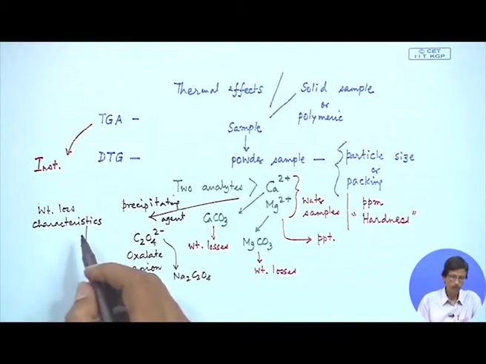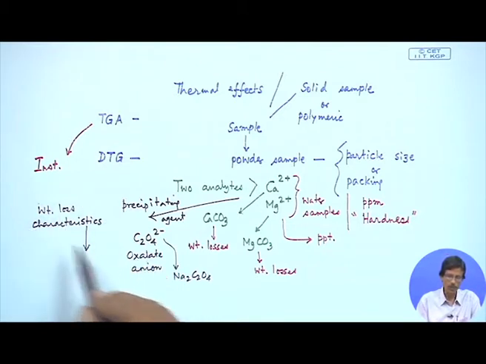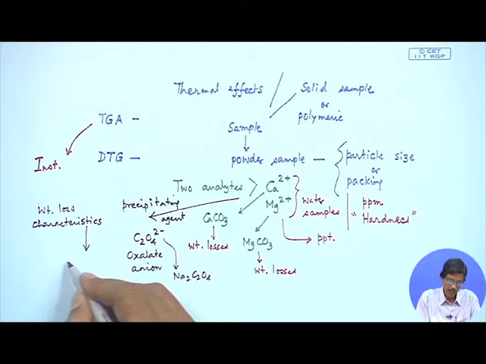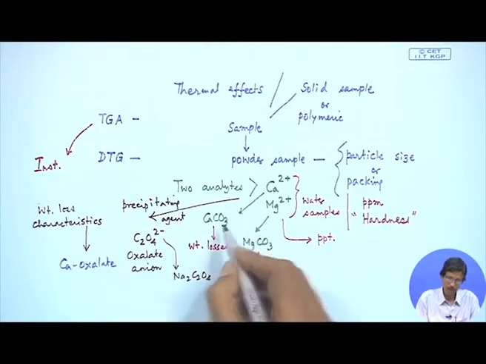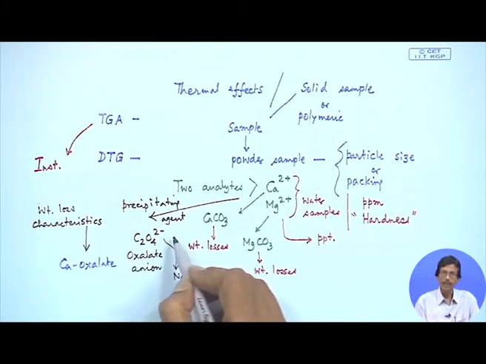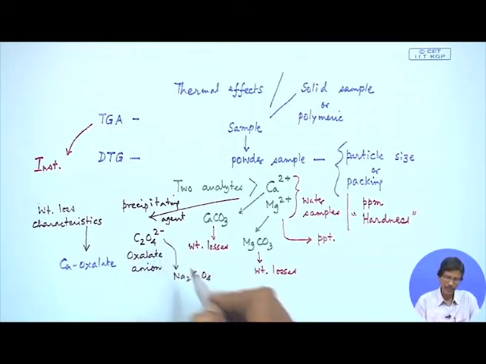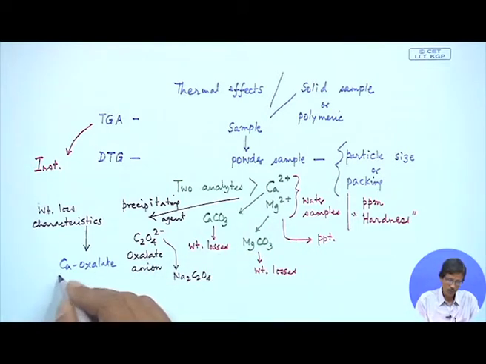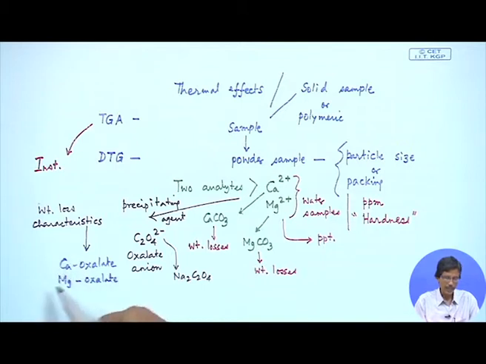This is very important, because the weight loss characteristics will also be useful to know the nature of our calcium as well as magnesium oxalate, now that we have added the oxalate anion as the precipitating agent, and that anion is binding to the corresponding cations calcium and magnesium. So, the study will also tell us the nature of their thermal stability.